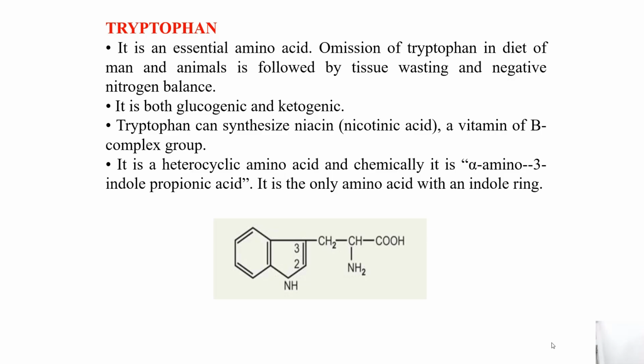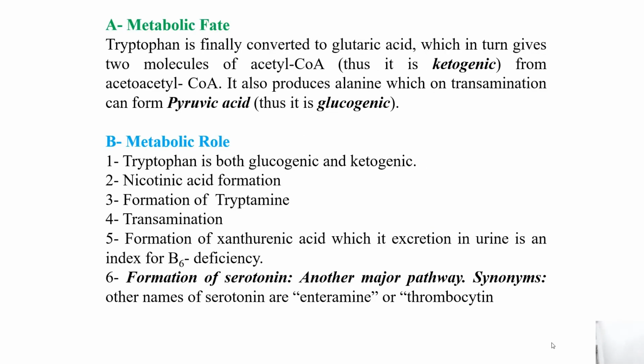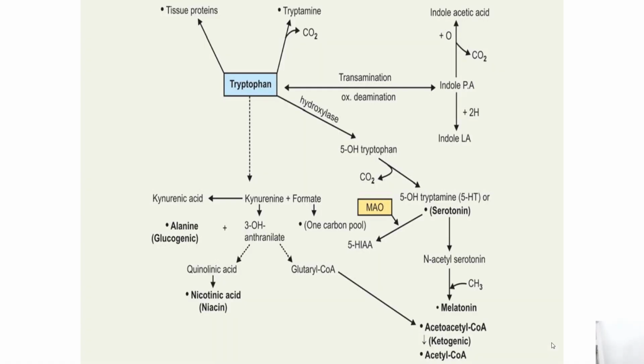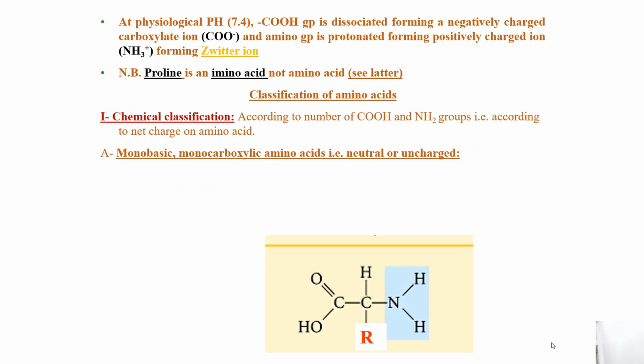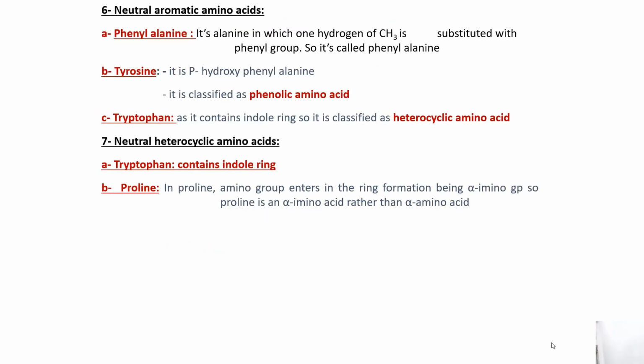It's a heterocyclic amino acid and its chemical name is alpha amino 3 indole propionic acid. It's the only amino acid with an indole ring. We'll not discuss the metabolic fate. If needed, we'll come back to it from another question.